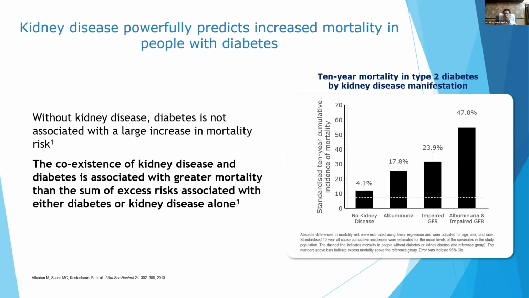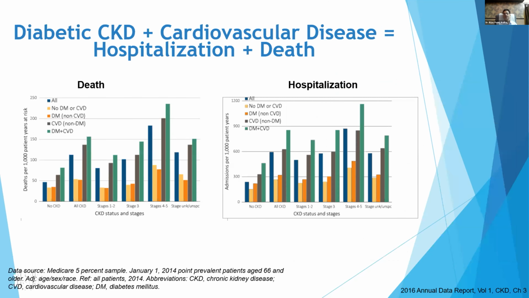So basically, when you have both diabetes and kidney disease, that is an important predictor for increased mortality in patients with diabetes. And this is what we are seeing right now: diabetic CKD plus cardiovascular disease together will have an increased incidence of hospitalization and increased death.